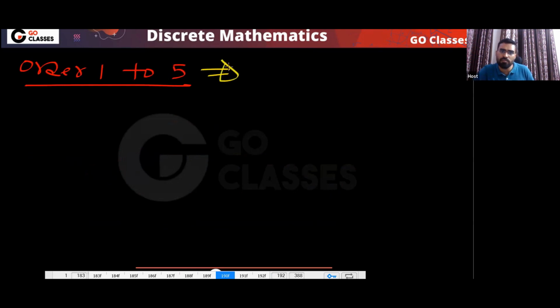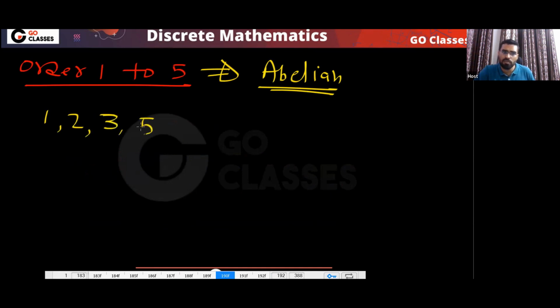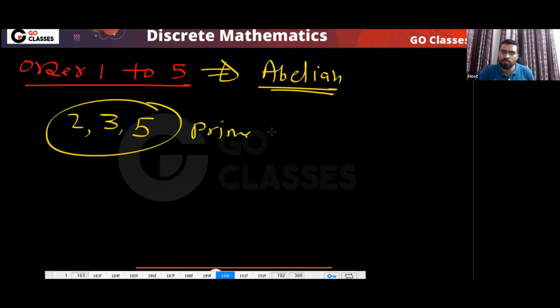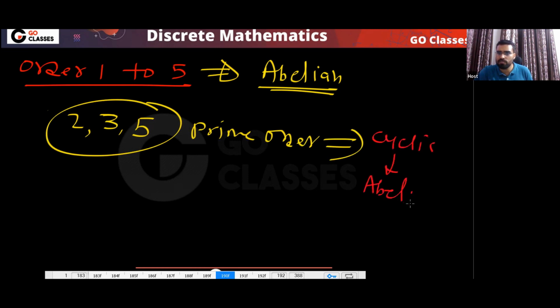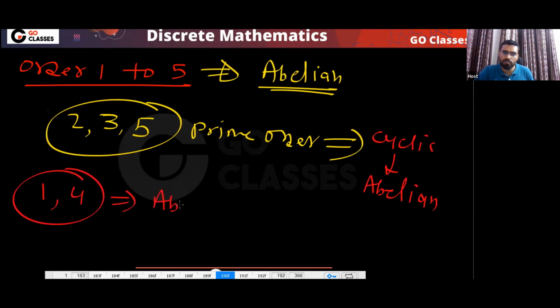The orders 2, 3, 5 are prime, and prime order means cyclic, and cyclic means abelian. And 1 and 4 you already know are abelian. So orders 1 to 5 are all abelian.